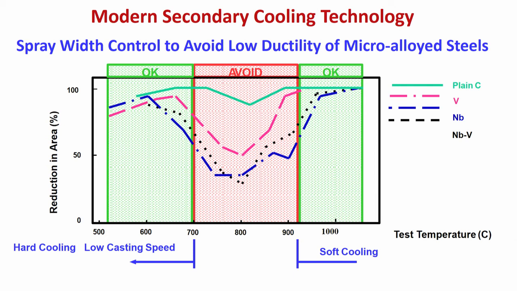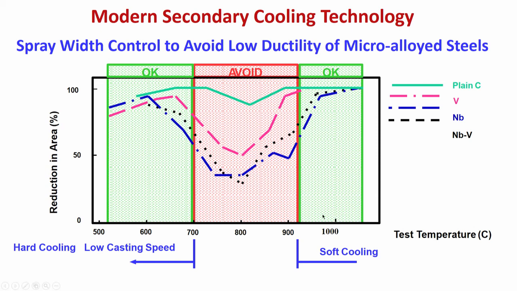So, what is the way out? The way out is to allow secondary cooling in such a way that this particular region is avoided during continuous casting. Either you do soft cooling. Soft cooling means that when the solidification is complete and the unbending is over, it becomes horizontal and there is no chance of any strain formation.